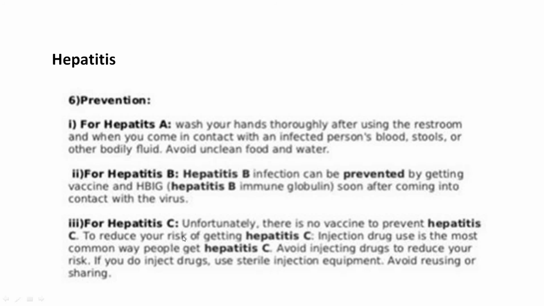Then for hepatitis C, unfortunately there is no vaccine to prevent hepatitis C. To reduce your risk of getting hepatitis C, note that injection drug use is the most common way people get it.